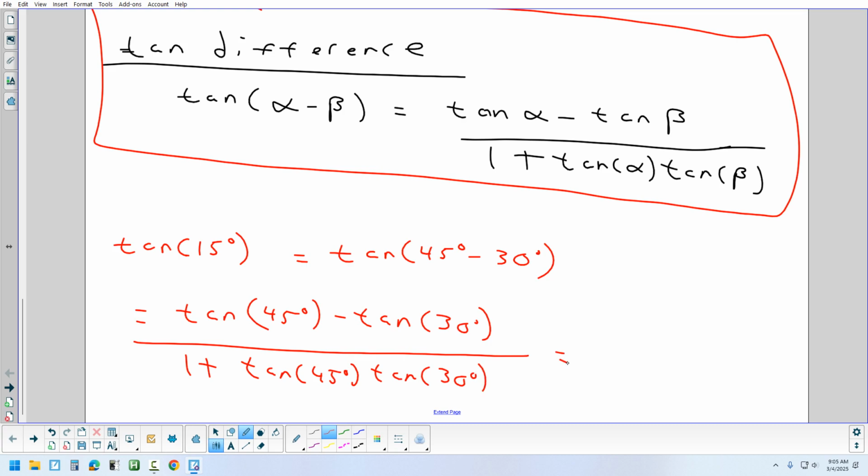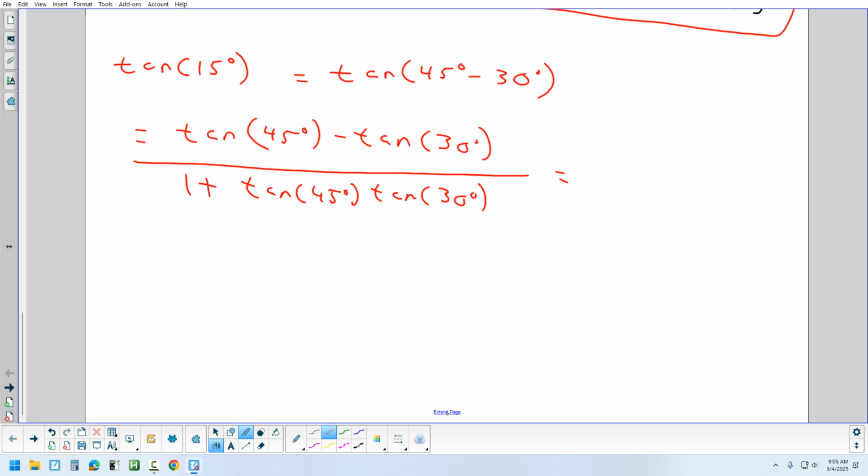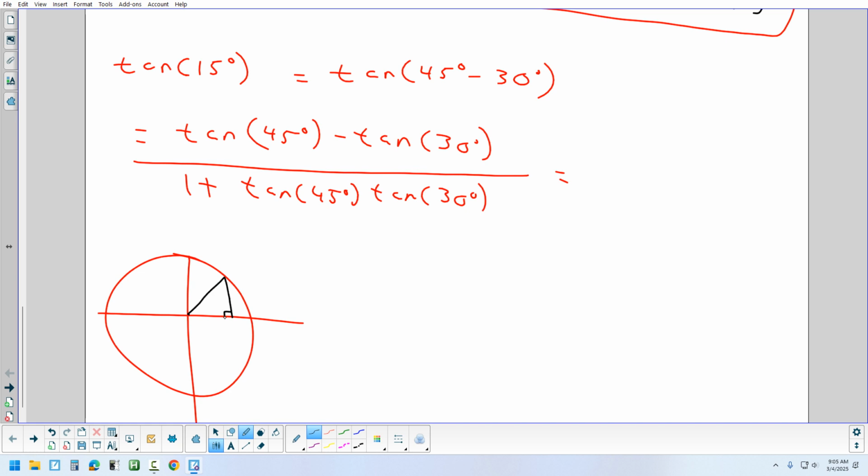All right, so now we got to kind of go through it. Let's start with our 45. What's the coordinates for the 45, 45, 90 triangle? Yep. Root 2 over 2, root 2 over 2.